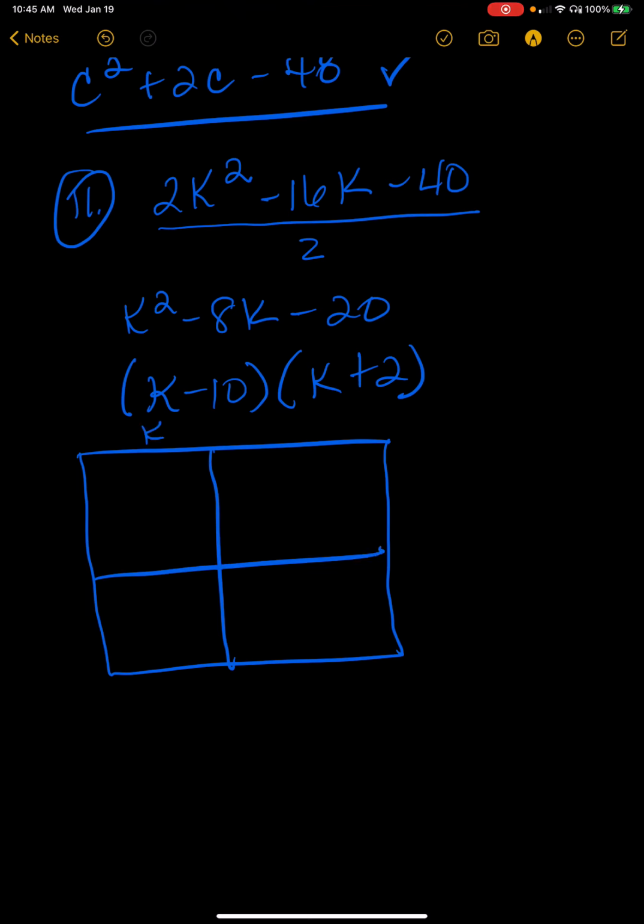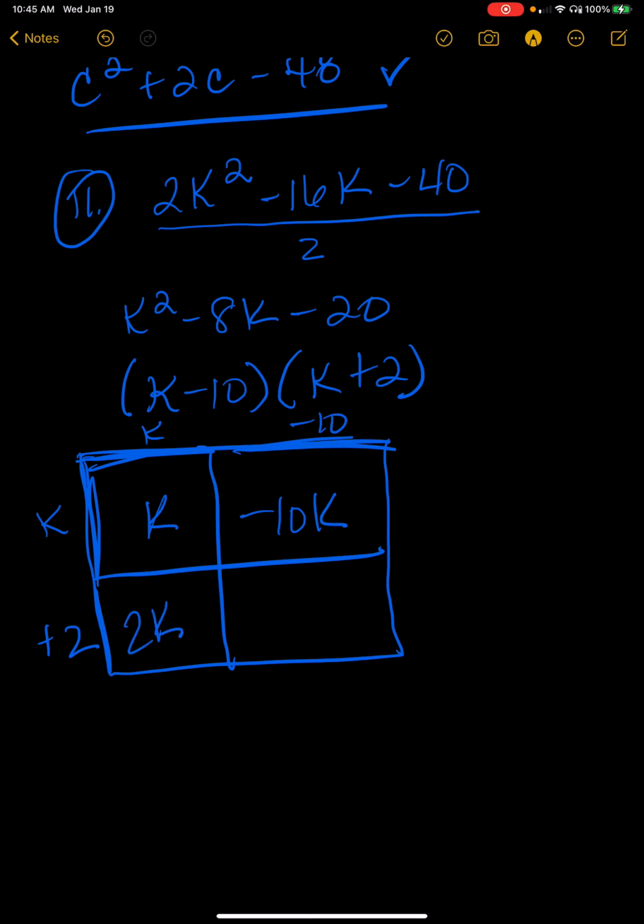And we have k minus 10, k plus 2. So k times k is k squared. K times a negative 10 is negative 10k. K times a positive 2 is 2k. And then negative 10 times a positive 2 is negative 20.